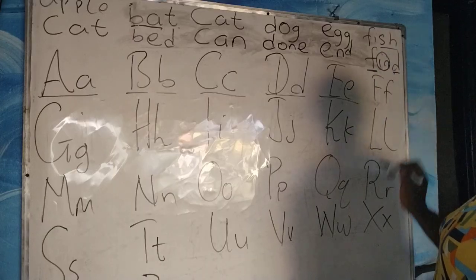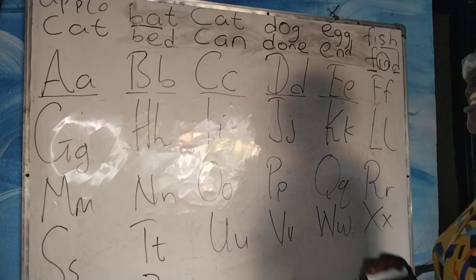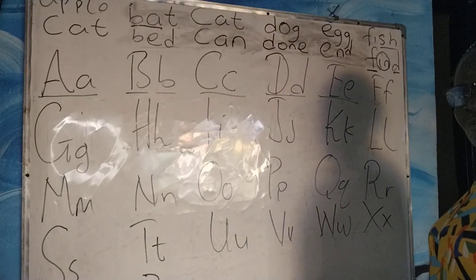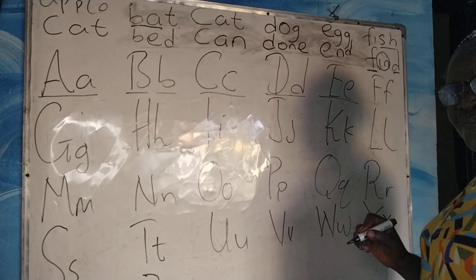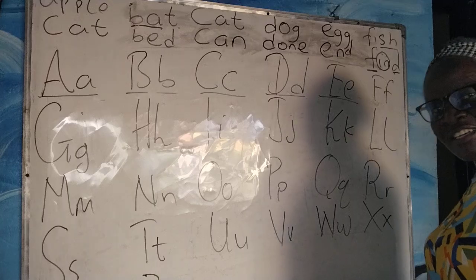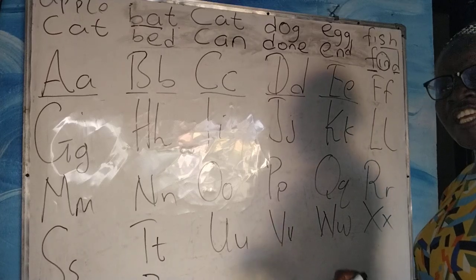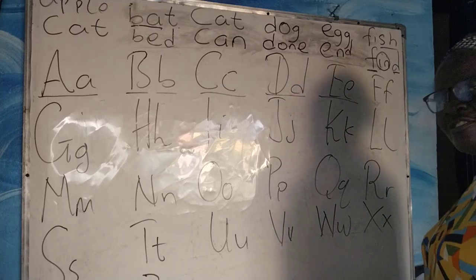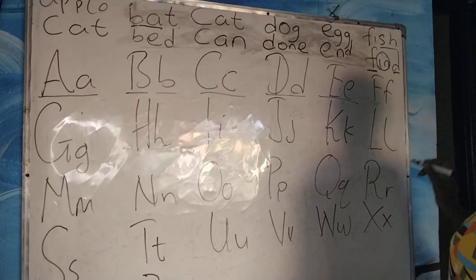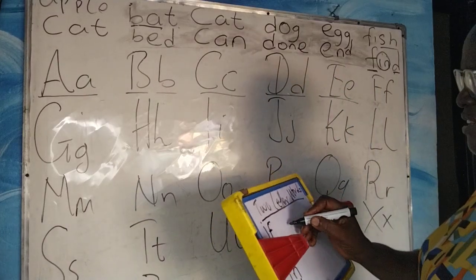And what is that two-letter word? In. Okay, spell find. F, in, D. You see it now? So the child will find it easy to write find.